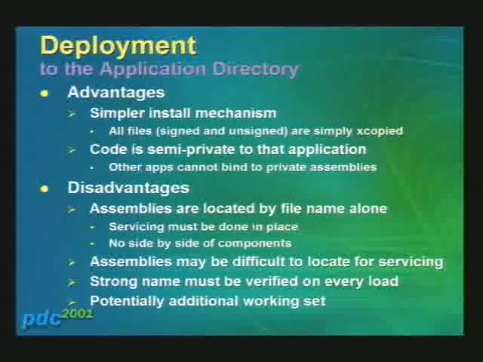But if you did actually want to go out and remove the assembly from the user's machine, it would be somewhat difficult because you'd have to actually know where that assembly is on all those application directories. About the best you could do is search the hard drive for an assembly with a particular name or a file with a particular name.